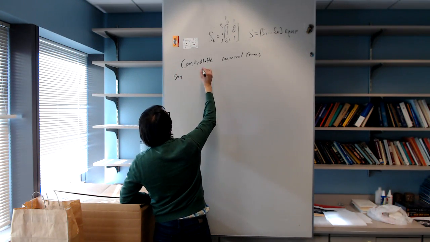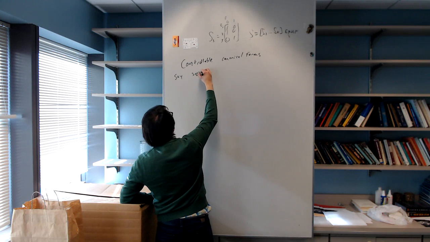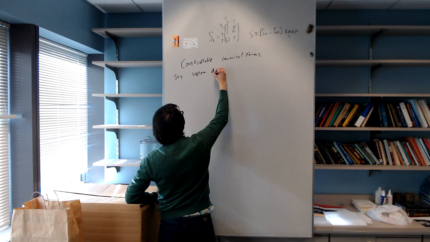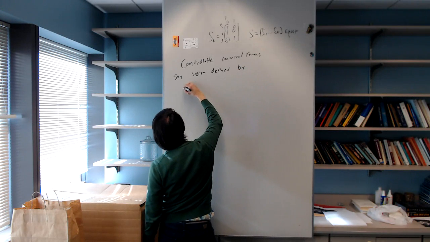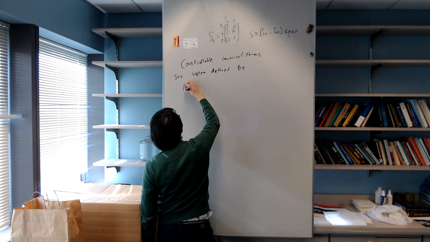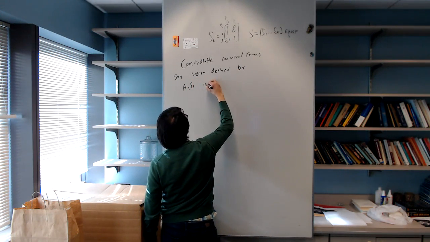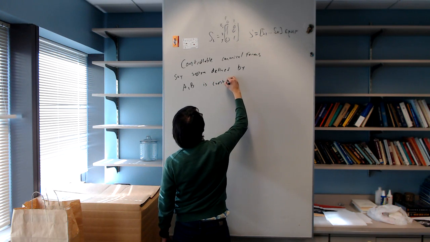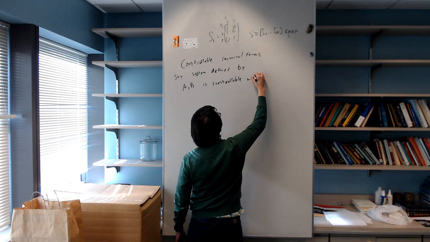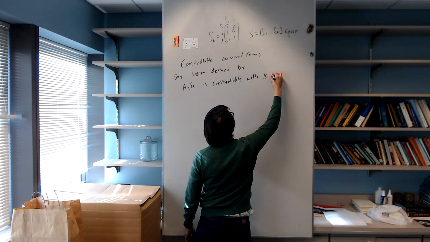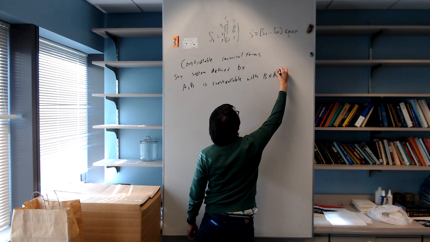say, a system defined by A, B is controllable with B in R n by 1.